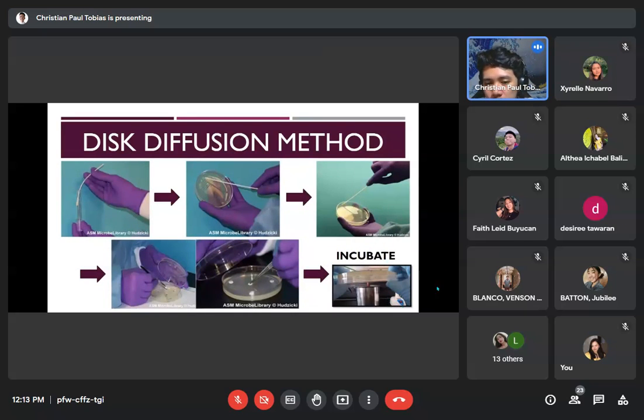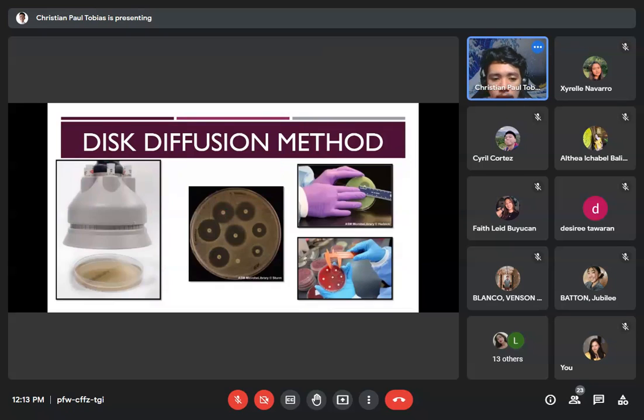Huwag mong kalimutan i-invert. Ang purpose ng inversion, pag in-incubate mo yan ng hindi naka-invert, mag-moist dito. Ang mangyayari sa moisture, mababasa yung antibiotic disk, wala na, hindi na quality yung result. So, kaya kailangan mong i-press para firm na nakadikit yung antibiotic disk mo para pag in-invert mo, hindi siya mahuhulog.